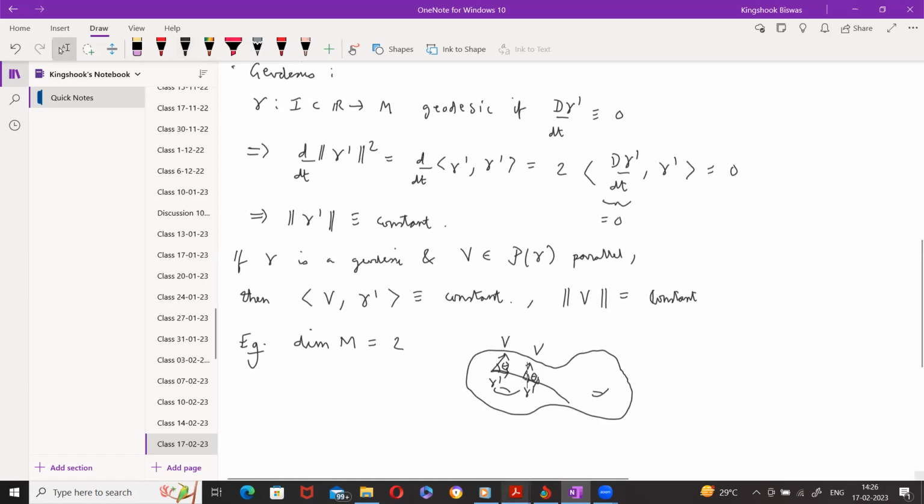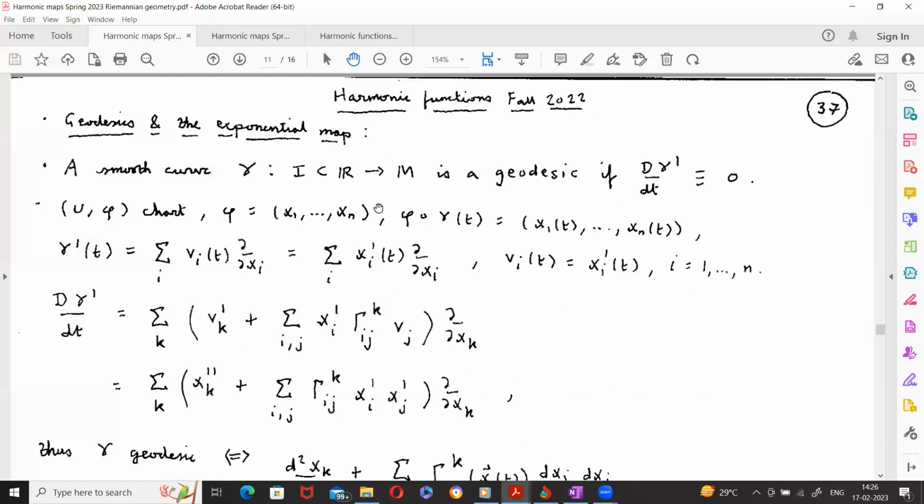So the first thing that we want to see is that this geodesic equation, that the covariant derivative of gamma prime is 0, should be a second order differential equation, right? Because we're looking at two derivatives.